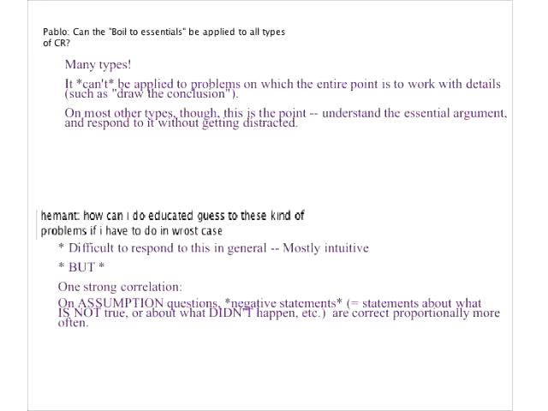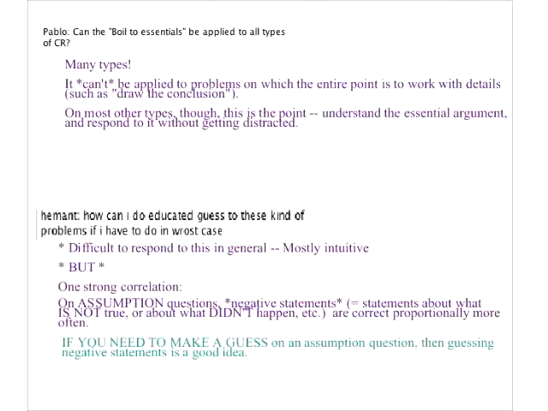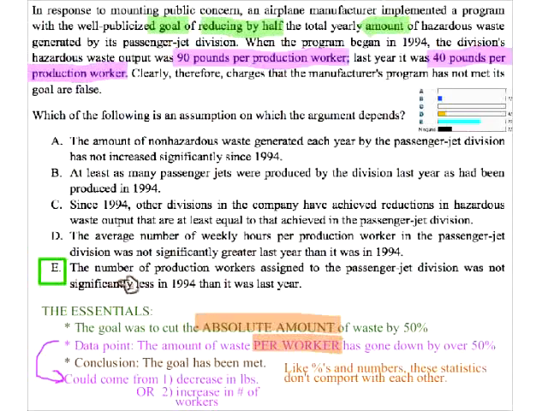Therefore, only if you need to make a wild guess on an assumption question, then guessing negative statements is a good idea. Notice here that this is a negative statement: the number of production workers was not significantly less than it was last year. In other words, we are ruling out some sort of thing.